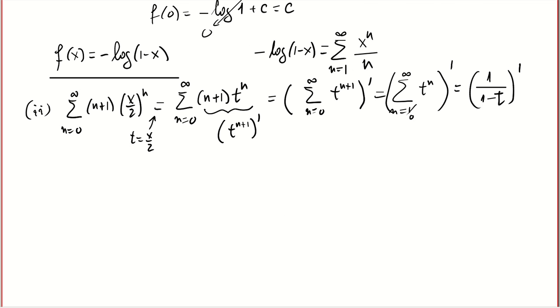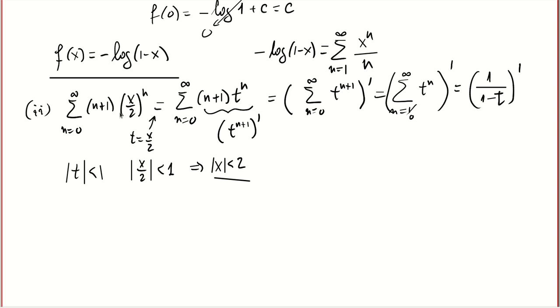Now we automatically know, since the radius of convergence of this series is 1 for the absolute value of t, that this series converges when x half in absolute value is smaller than 1, which means the absolute value of x is smaller than 2. So 2 is the radius of convergence of this series.